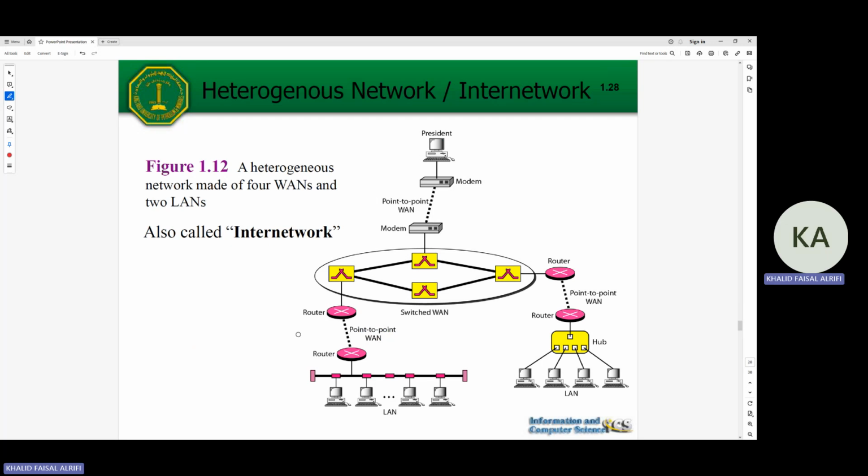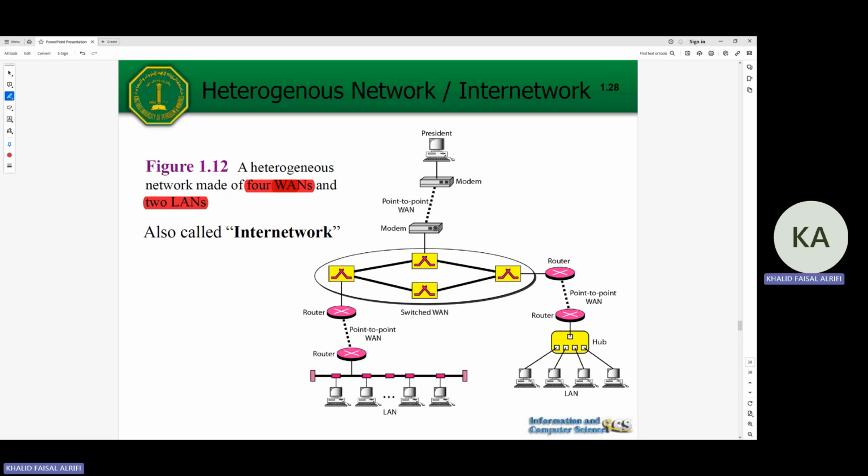Heterogeneous network, an internetwork. I guess it's an example that you should memorize. The definition: the heterogeneous network is made of four WANs and two LANs. So where are the WANs?